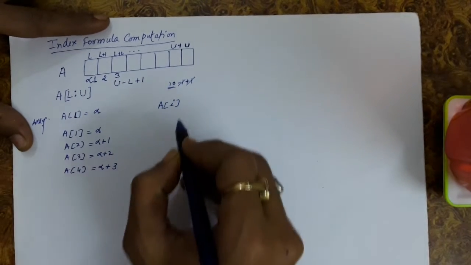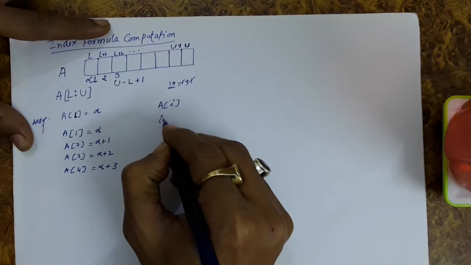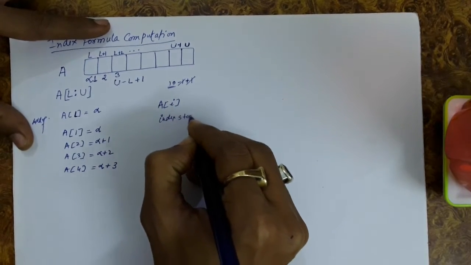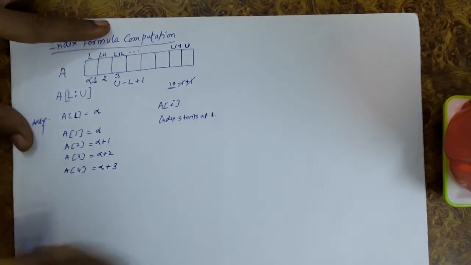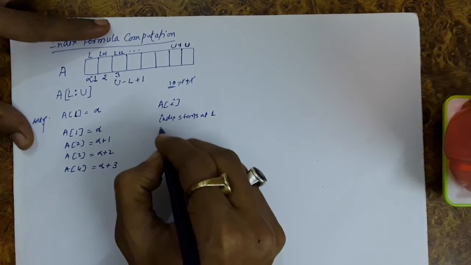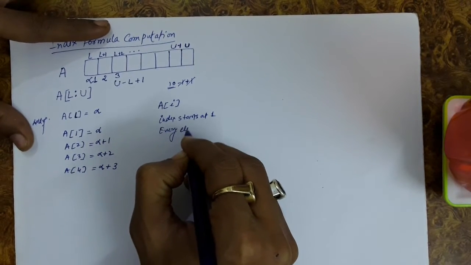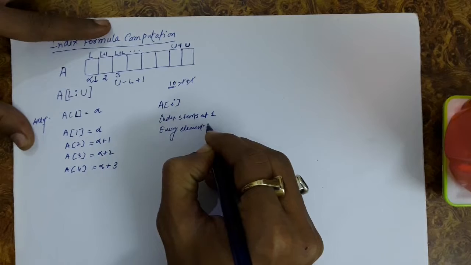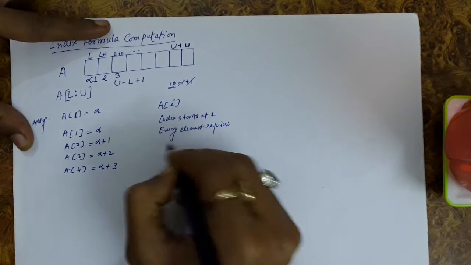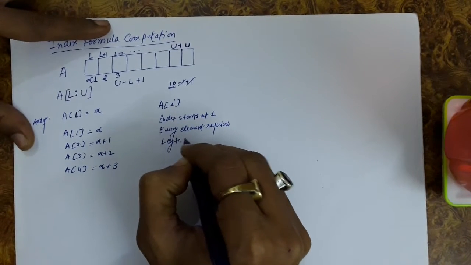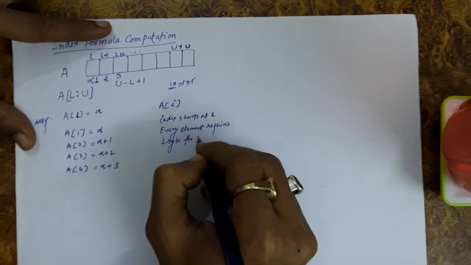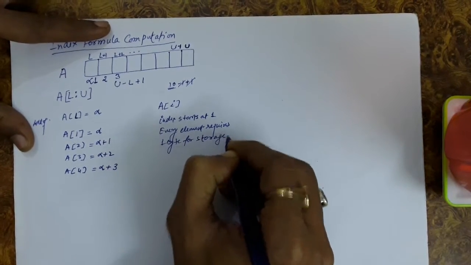This is our assumption. The first assumption is that my index starts at 1. The next assumption is that every element requires 1 byte for the storage. We will remove all these assumptions later.